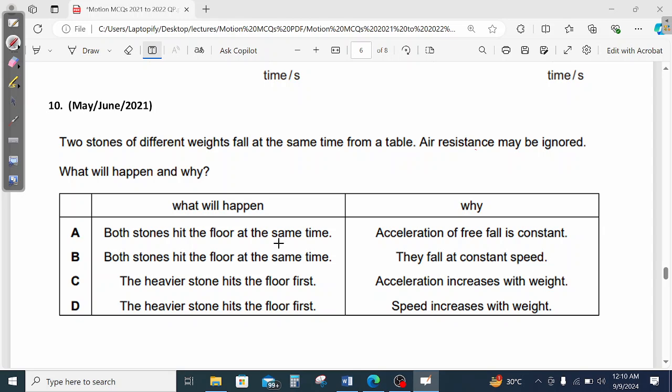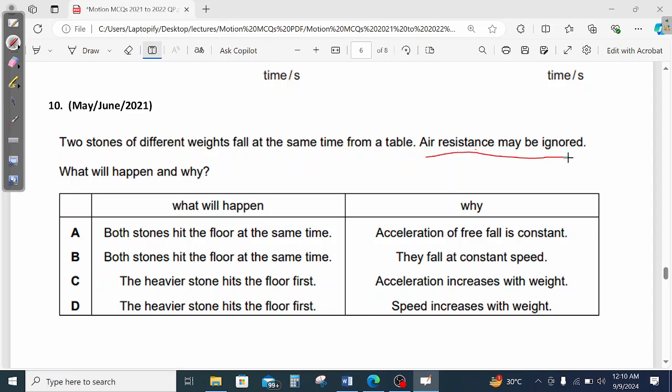According to Galileo, if you drop two objects of different masses, then they will reach the earth at the same time. The reason is that if you ignore the air resistance, it means air resistance is not acting on the body.